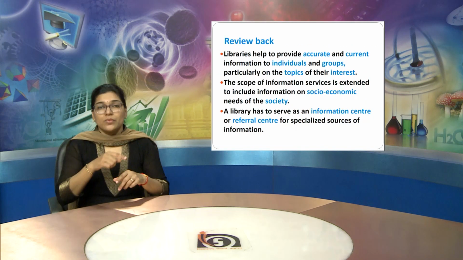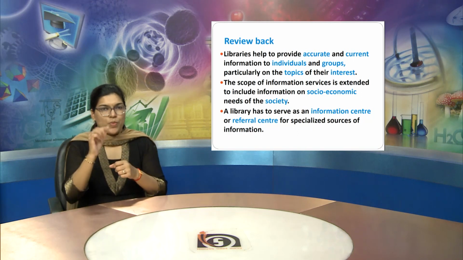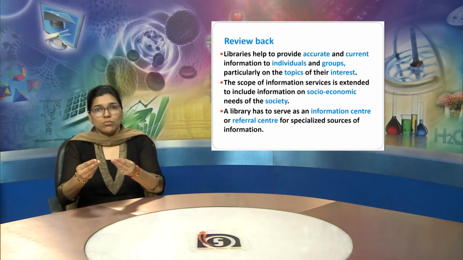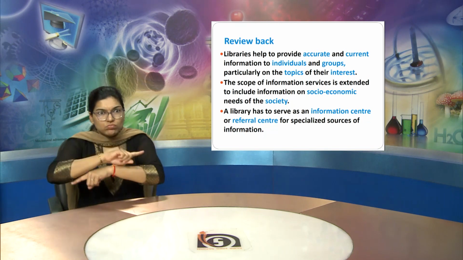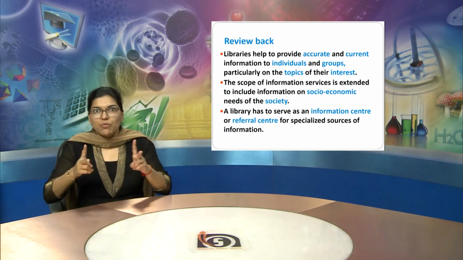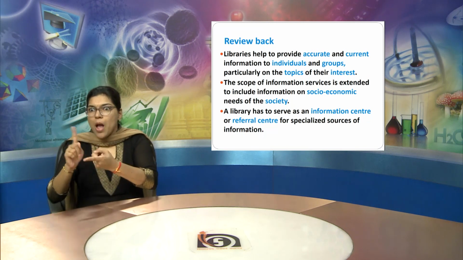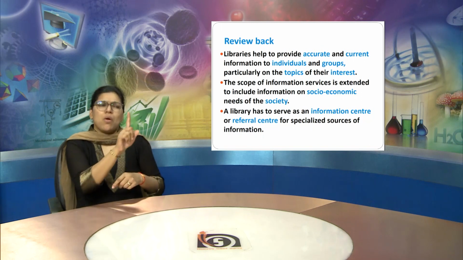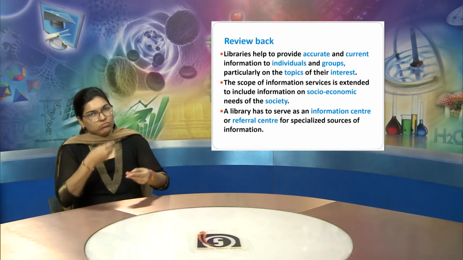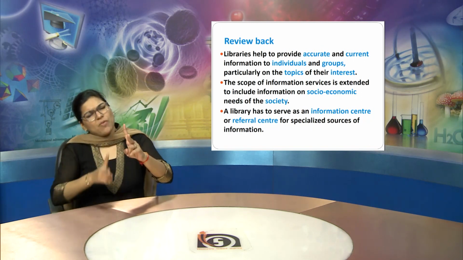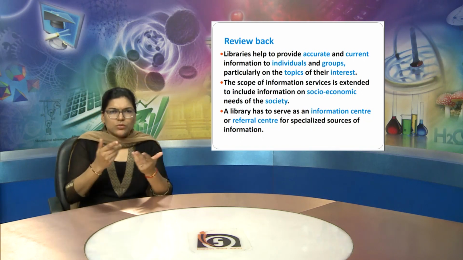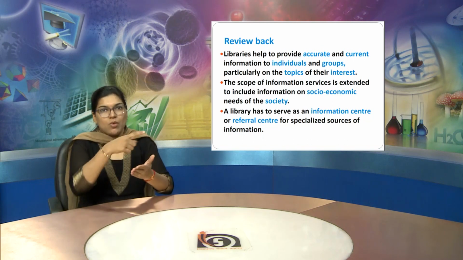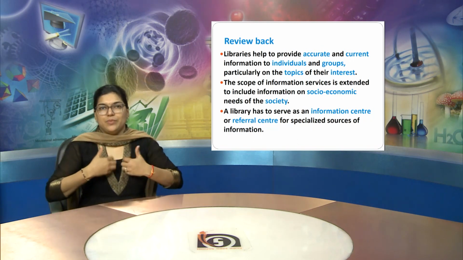So far, we have understood the information dissemination point under the functions of library. So information dissemination is a very important function of the libraries. In this, we discussed that libraries help to provide accurate and current information to individuals and groups, particularly on the topics of their interest.